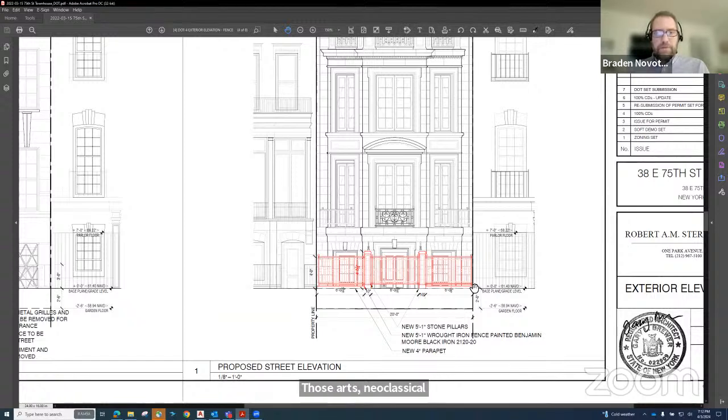The entire facade is limestone, so the material of the fence would also be constructed of limestone. The piers would be limestone. There's a granite base that runs at the bottom of the piers and then along the fencing. And then the fencing material itself is a painted wrought iron fence, and there are some details on the next page.